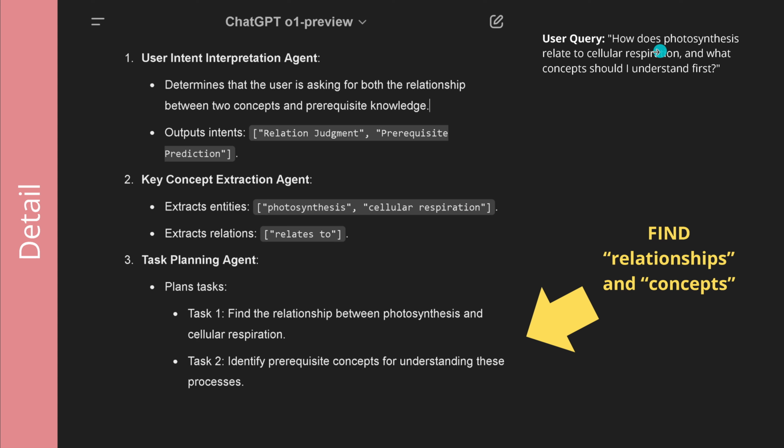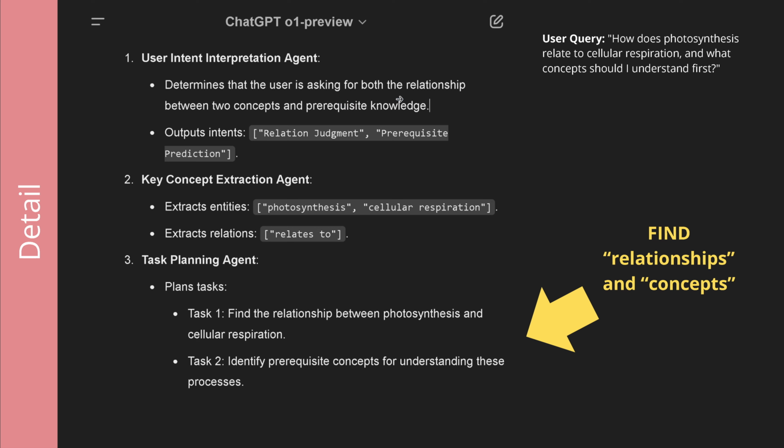And the query is, hey, how does photosynthesis relate to cellular respiration? And what concept should I understand first? You see, very clear, predefined question, what a coincidence. So let's have a look. The user intent interpretation agent determines that the user is asking for both the relationship between 2 concepts, photosynthesis and cellular respiration, and any prerequisite knowledge.